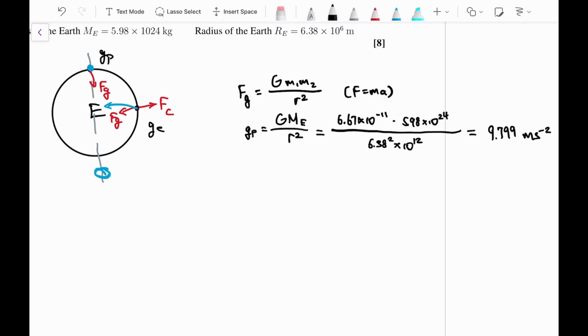Now before that, what I want to do first is calculate the centripetal force, then the centripetal acceleration, so that we can directly implement the subtraction.